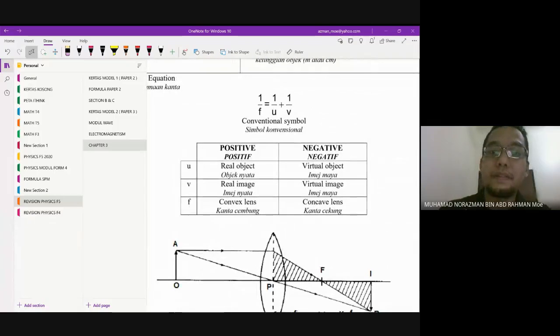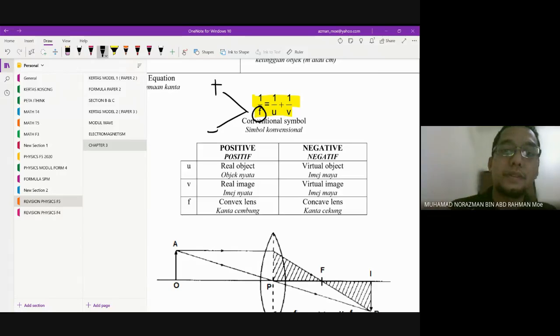Okay, then we have lens formula. 1 over f is equal to 1 over u plus 1 over v. Yang ni selalu student lupa. So positive and negative value. For convex lens, if the question asks about convex lens, then the value of f is positive.